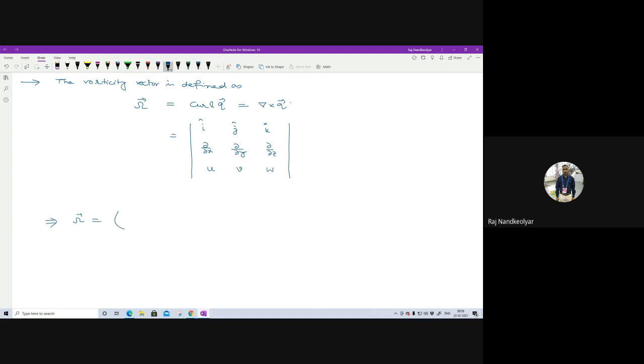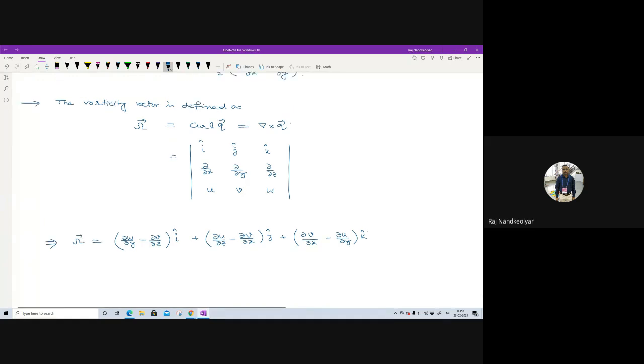Vorticity vector is equal to (del w by del y minus del v by del z) i cap plus (del u by del z minus del v by del x) j cap plus (del v by del x minus del u by del y) k cap. This is the complete vorticity vector.